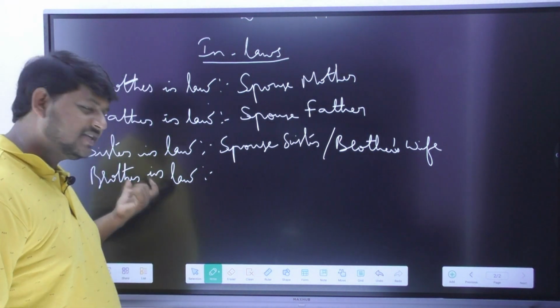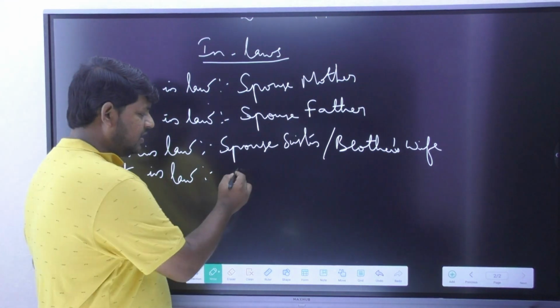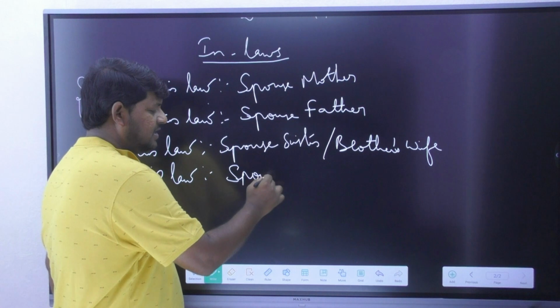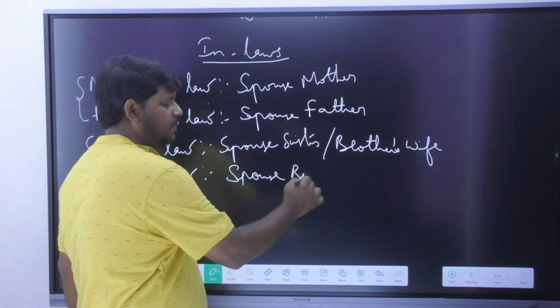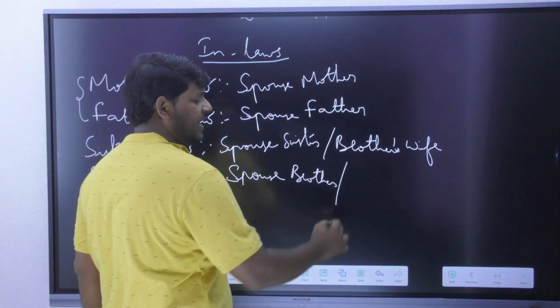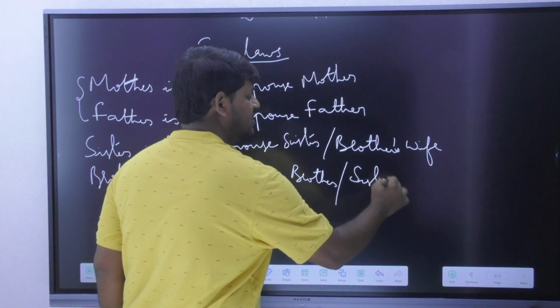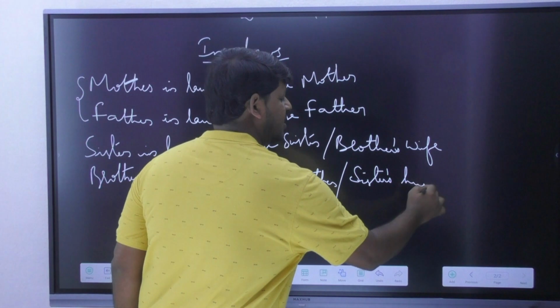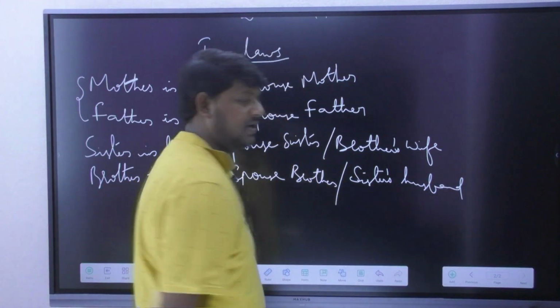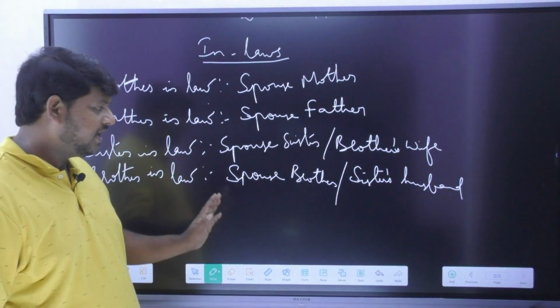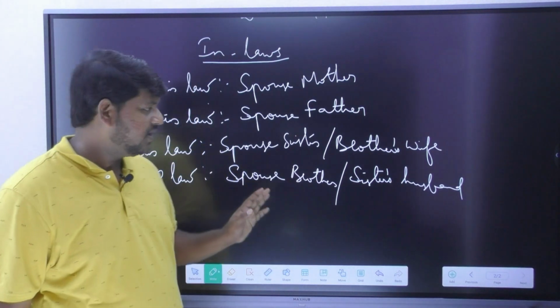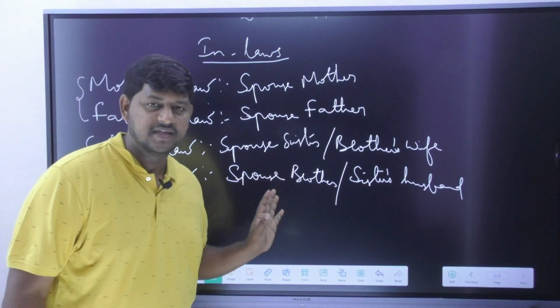Spouse's sister, both of them are going to be your answer as what? Sister-in-law. In the same way, when it comes to brother-in-law, I can consider it as what? Spouse's brother and also your what? Exactly, your sister's husband is going to be your brother-in-law. Am I clear? Right. Again, two possibilities. This is where you are supposed to be very careful in examination.